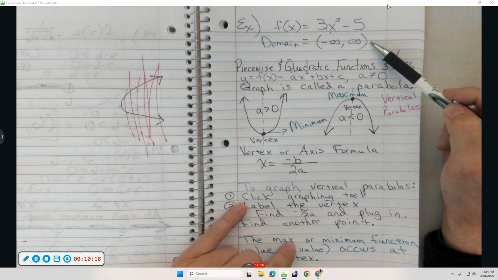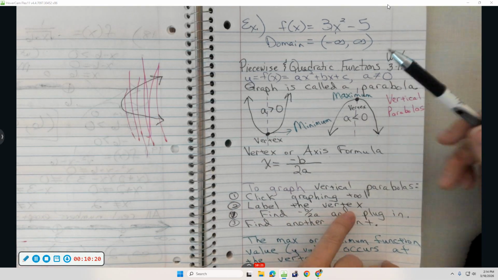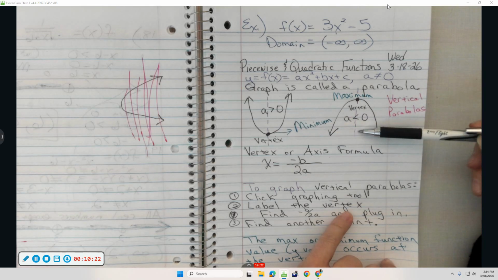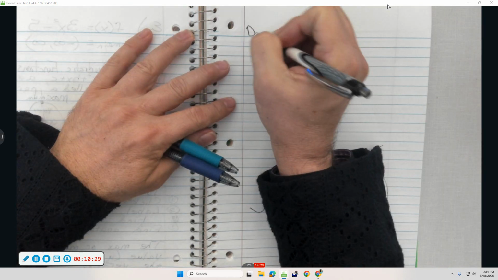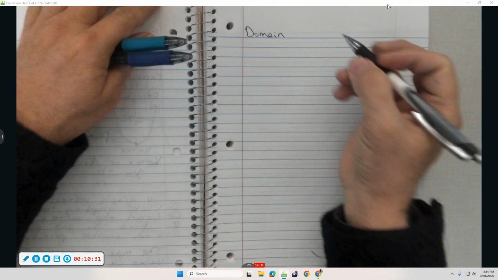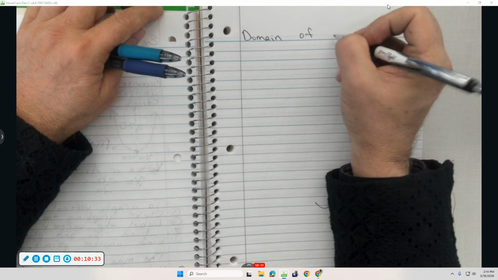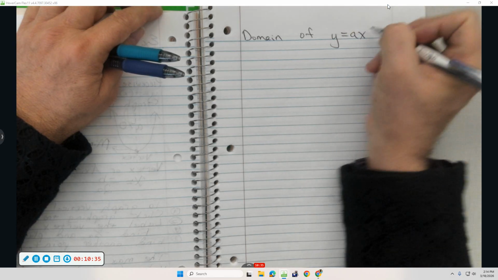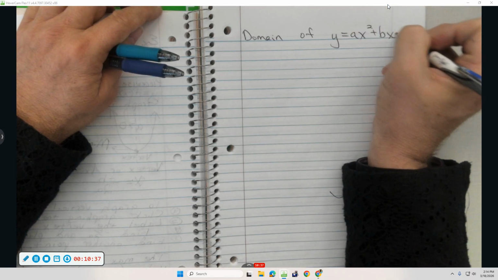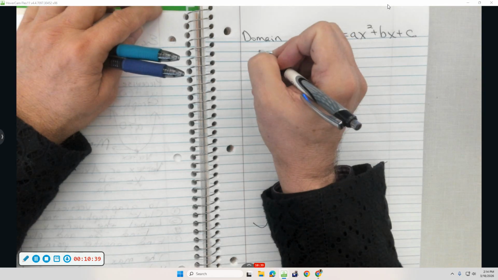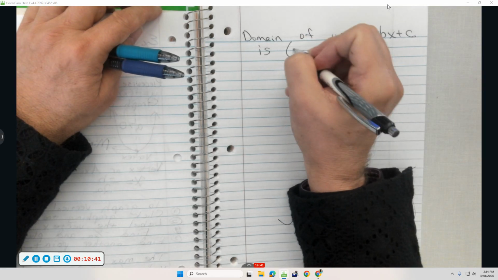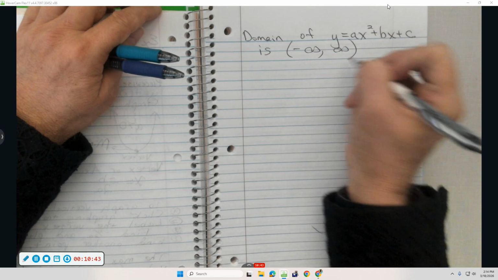Any quadratic function, whether it's opening upward or downward, will always have the same domain. The domain of y equals ax squared plus bx plus c is always negative infinity to positive infinity.